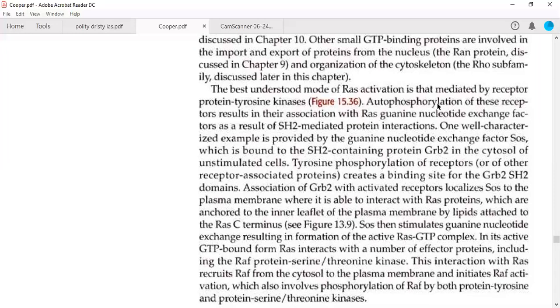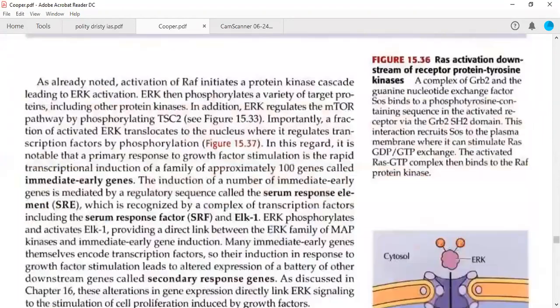Autophosphorylation: because these are tyrosine kinases, auto cross-phosphorylation happens to activate the receptors or the catalytic domains. This results in their association with the RAS guanine nucleotide exchange factor, as a result of SH2-mediated protein interaction. One well characterized example is the guanine nucleotide exchange factor called SOS.